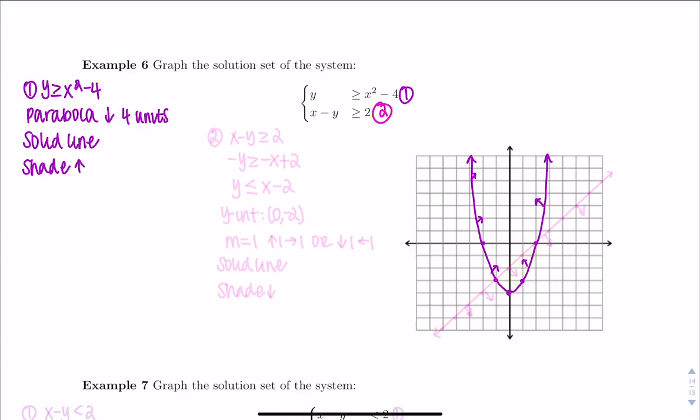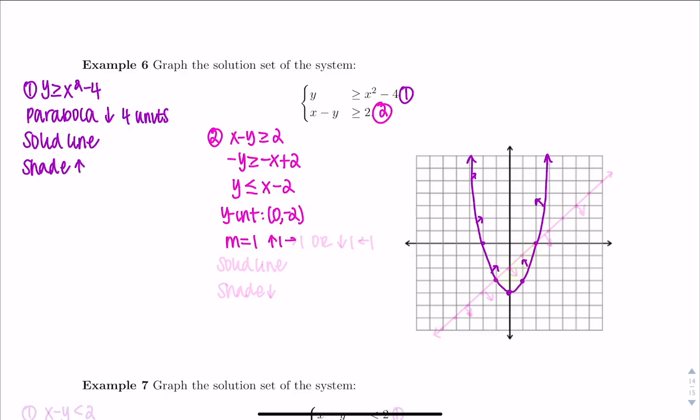And now we want to look at equation number 2. X minus y is greater than or equal to 2. Let's go ahead and solve for y. We have negative y is greater than or equal to negative x plus 2. Or y is now less than or equal to x minus 2. And so my y-intercept is at 0, negative 2. My slope is 1.